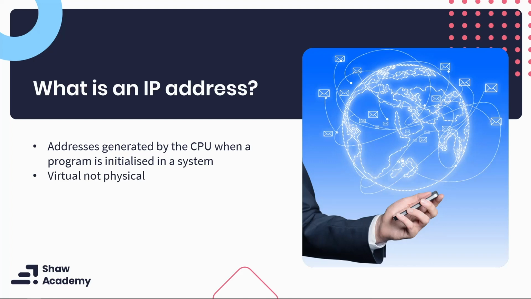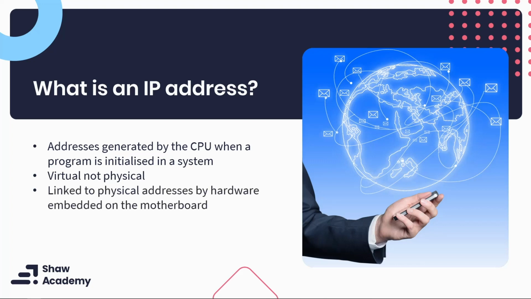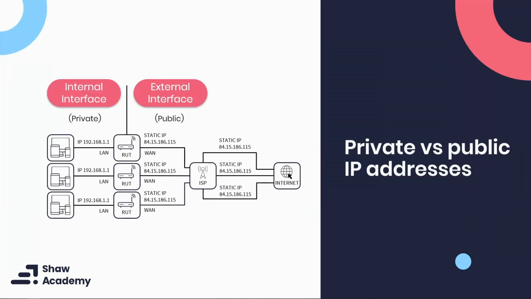That's why they're also often referred to as virtual addresses. These logical addresses are linked to physical addresses by hardware embedded on the motherboard, which is also known as the Memory Management Unit.